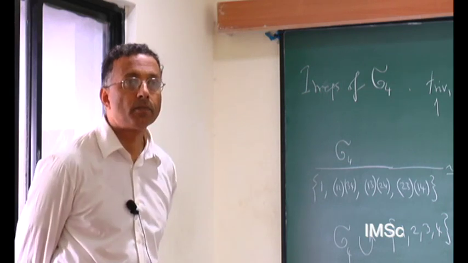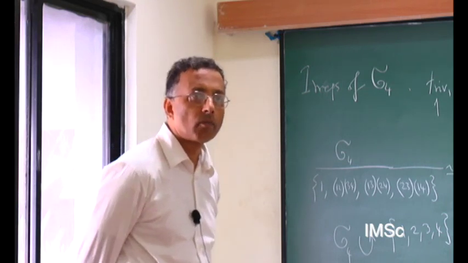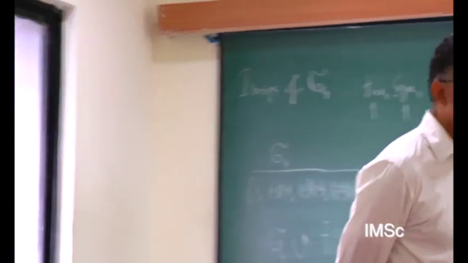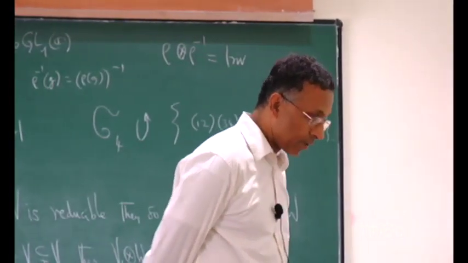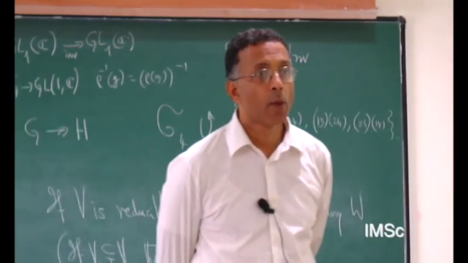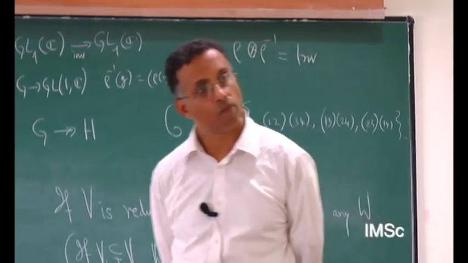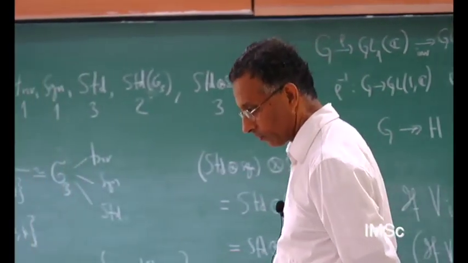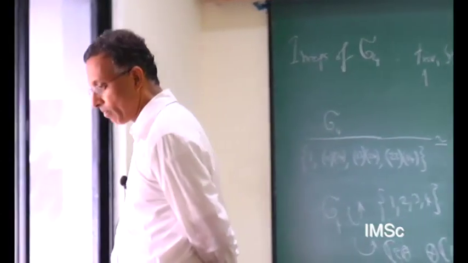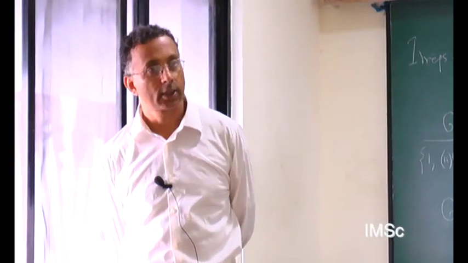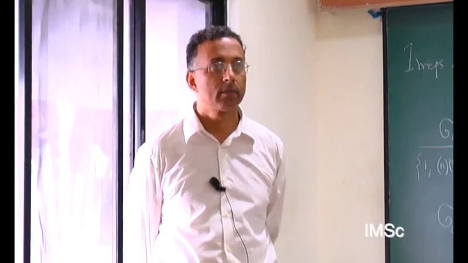If I have been given one character, I can find a representation corresponding to it. Given a character, what do you mean by character? A character is just a function from G to C, such that it is invariant under conjugation.